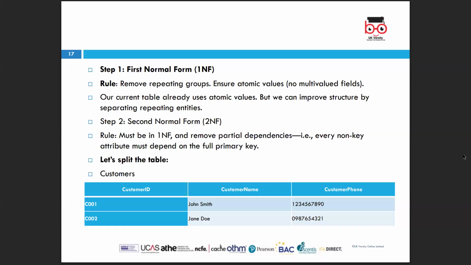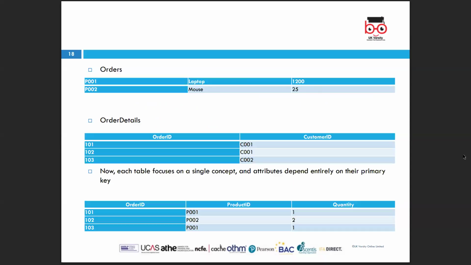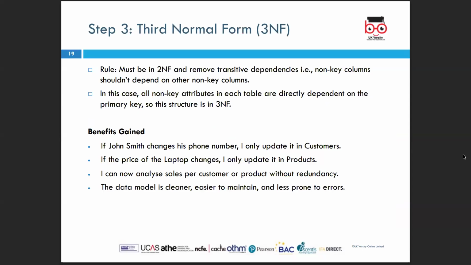Step 2 is the second normal form, where we must be in first normal form and remove partial dependencies, so every non-key attribute must depend on the full primary key. We split this into multiple tables. This is the whole process of normalization.